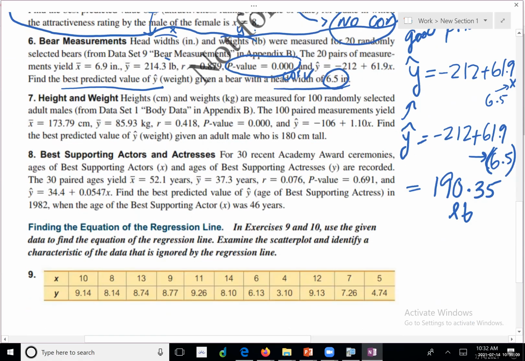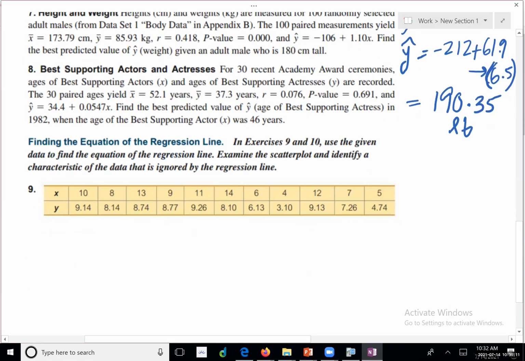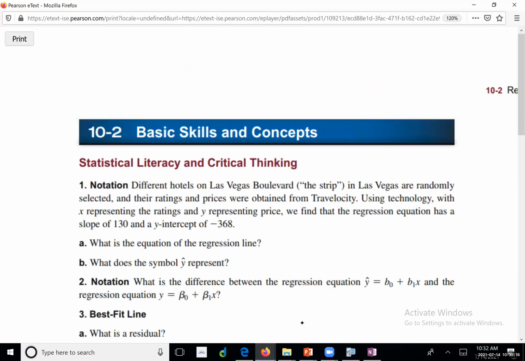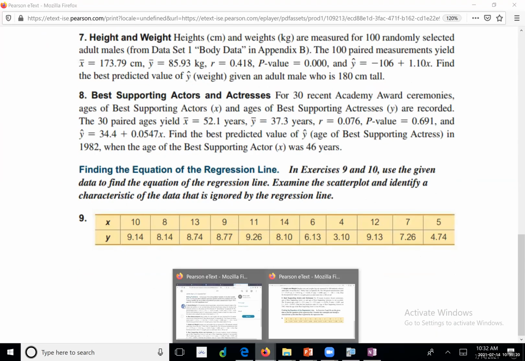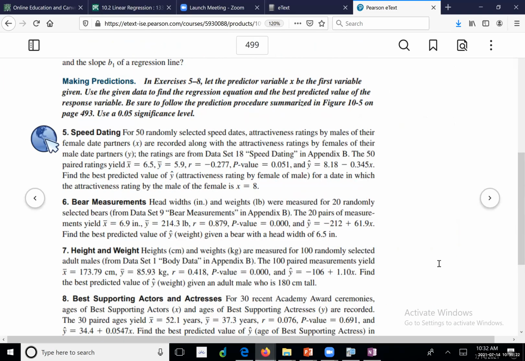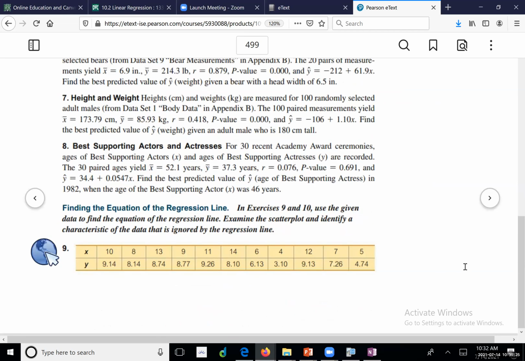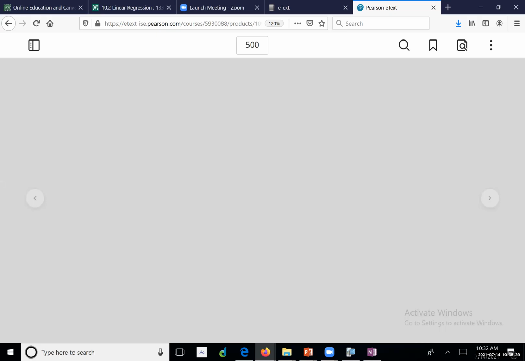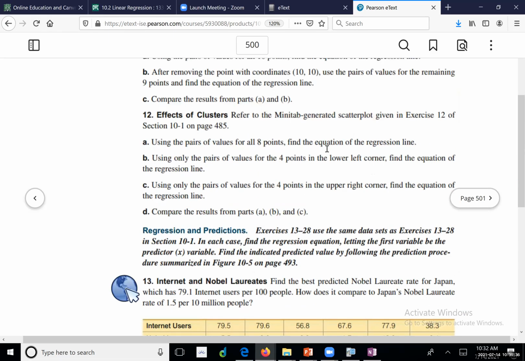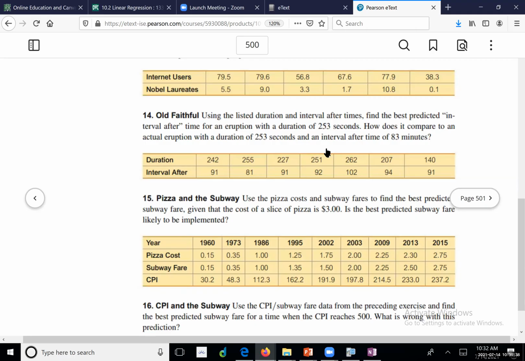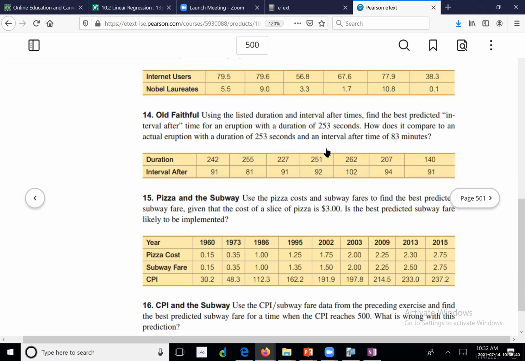Okay, let's do one more. Go to the textbook. Let's go to the next page. Let's see if you have a set of data.